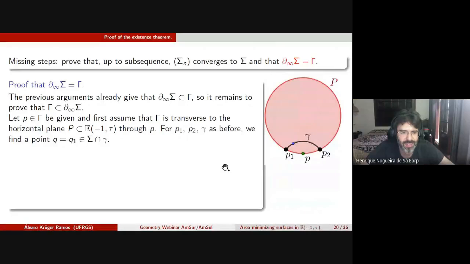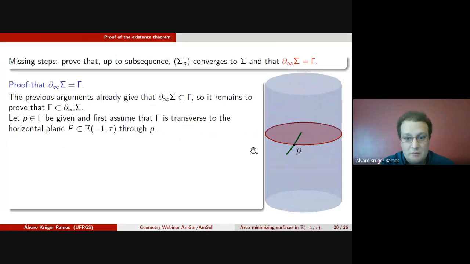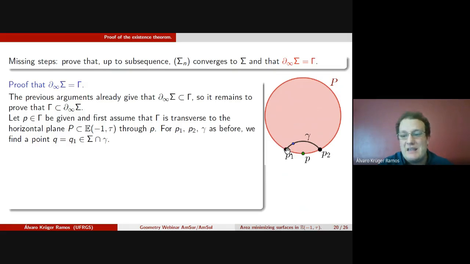So first, we think that P is a point in gamma, and we want to show that this point is also in the asymptotic boundary of sigma. If P is a point where the horizontal plane is transverse, you make the same argument as before, and you can find Q, which is in the intersection of sigma and gamma, in this compact part of this arc, and this point is in sigma.